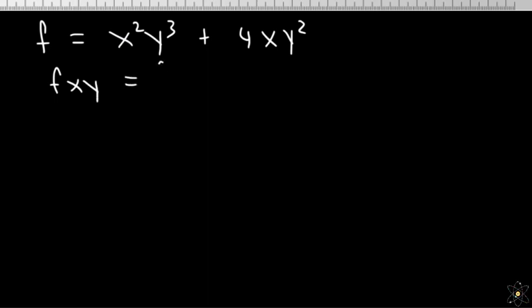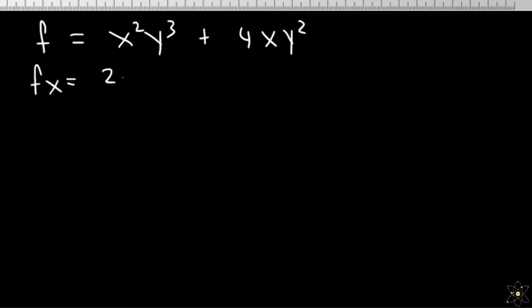So let's prove it. Let's say we have a function that's x squared y cubed plus 4x y squared. And let's prove that f of xy is equal to fyx. So let's find f of x first.